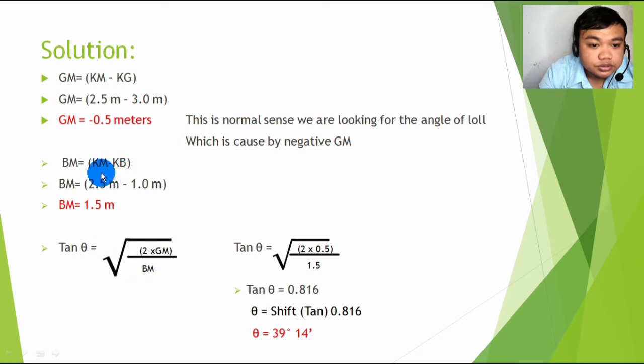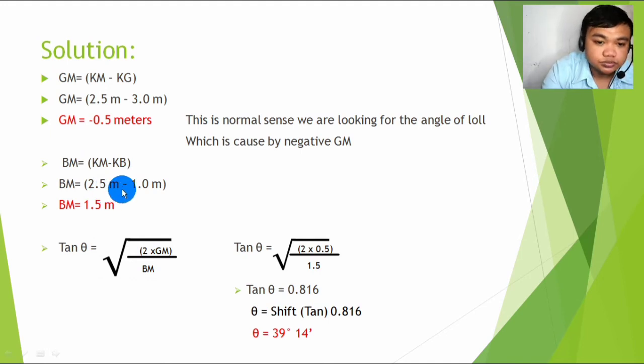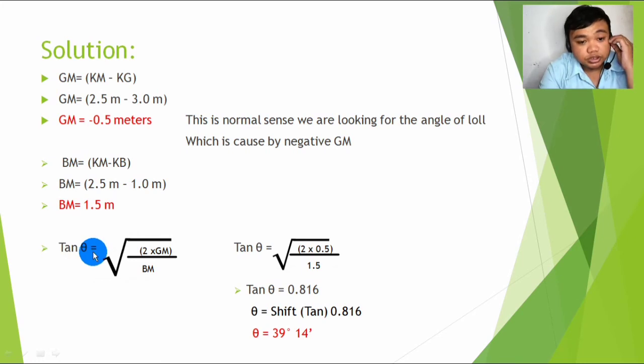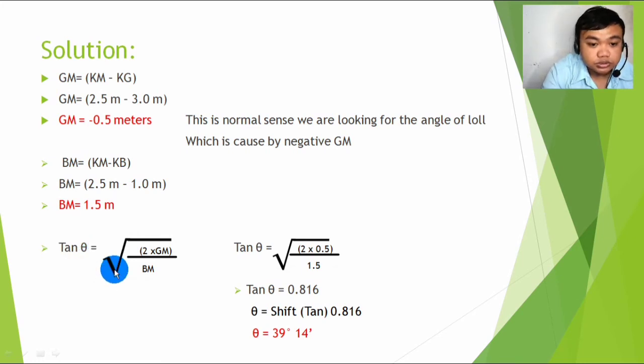Okay, so we have the given values 2.5 meters minus 1. BM is equal to 1.5 meters. So we have GM negative 0.5 meters and BM which is 1.5 meters. So just use the formula tangent angle of Loll equals square root of 2 times GM divided by BM.